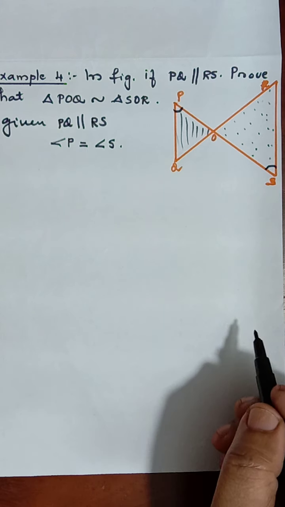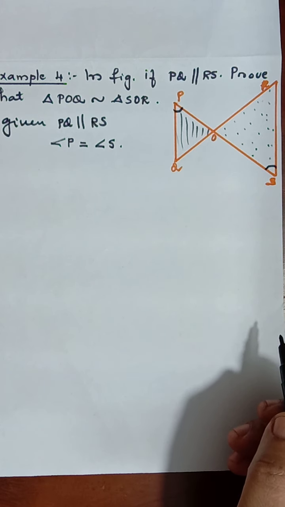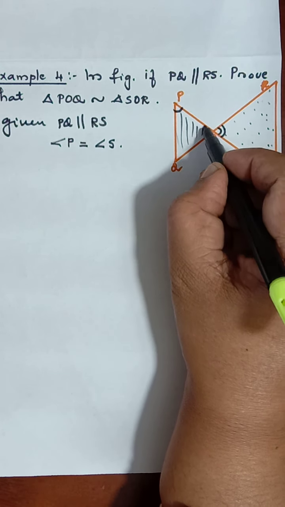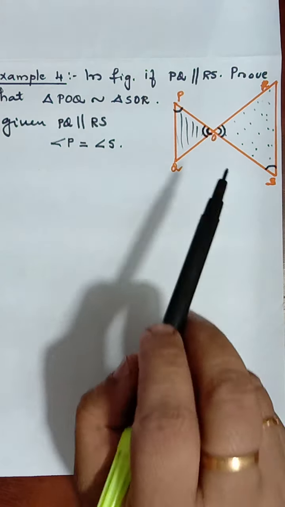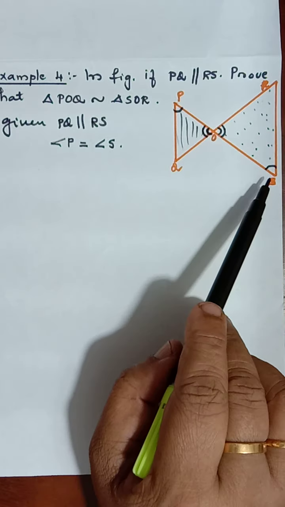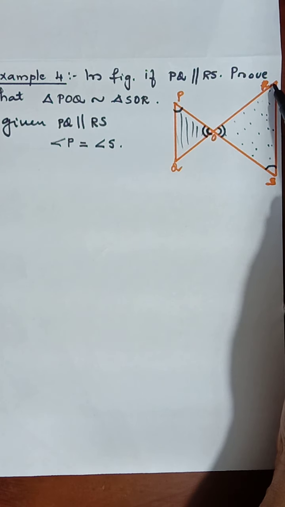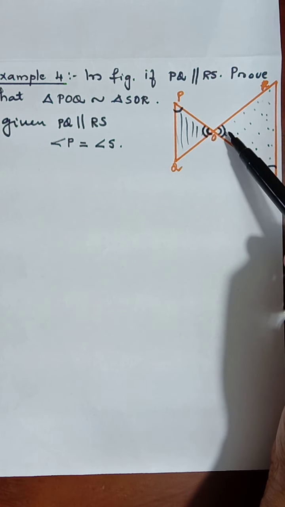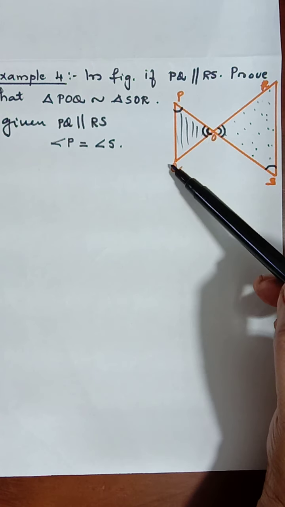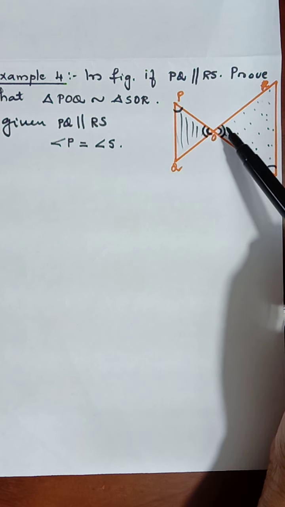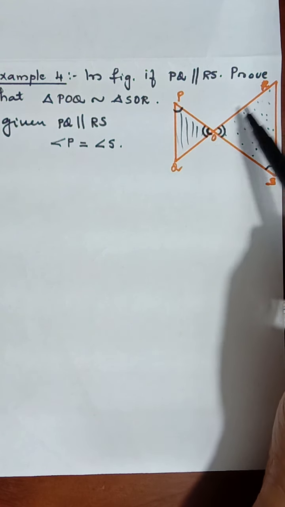Now, what are the other things that can be proved? So, how will we prove it? Don't you find that these vertically opposite angles are equal? That is, when two lines intersect each other, PS intersects QR at the point O. Here we have two vertically opposite angles. We call it POQ. Don't write angle O. It is angle POQ equal to angle SOR.